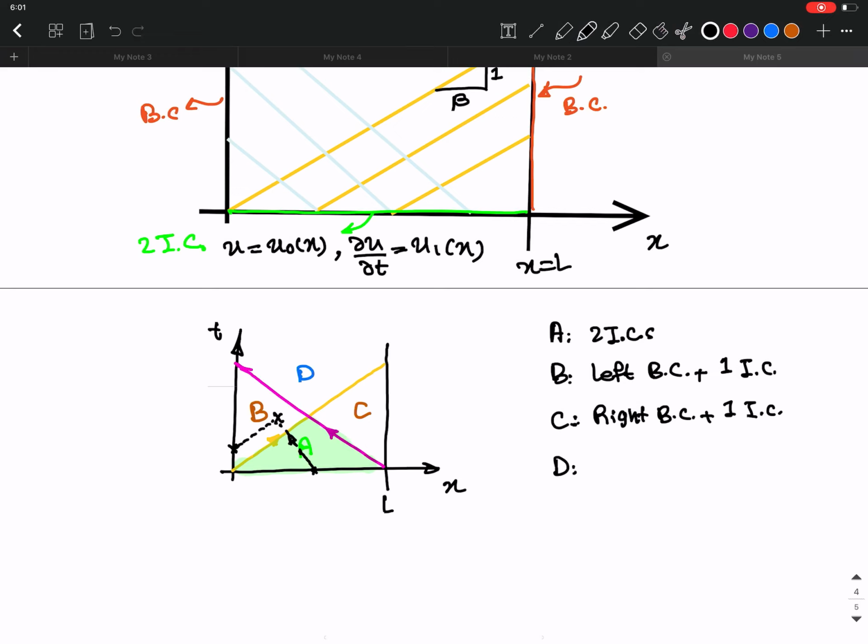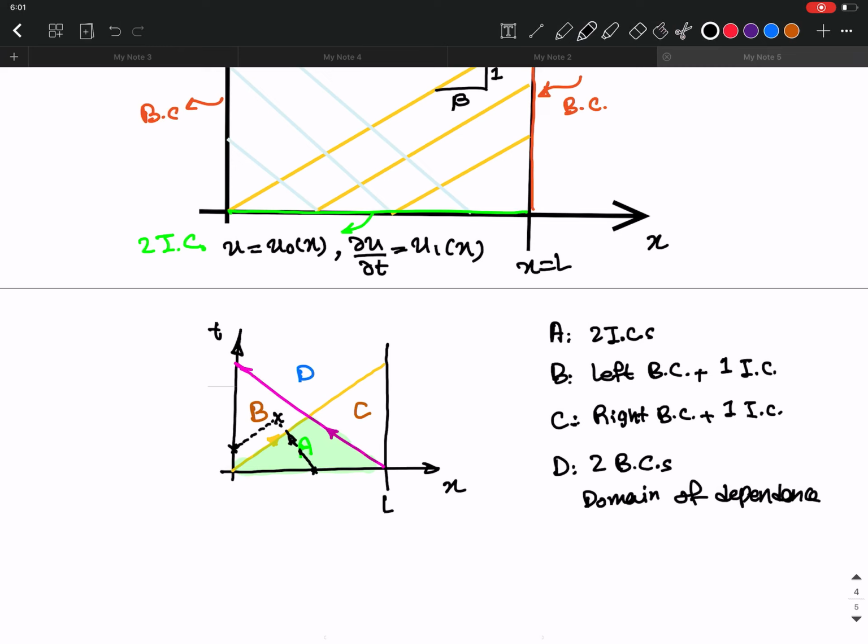And at D, you only need two boundary conditions. So if you are here, you only need the boundary conditions that are coming from these sides. Okay, so this is the domain of dependence for this type of equation.